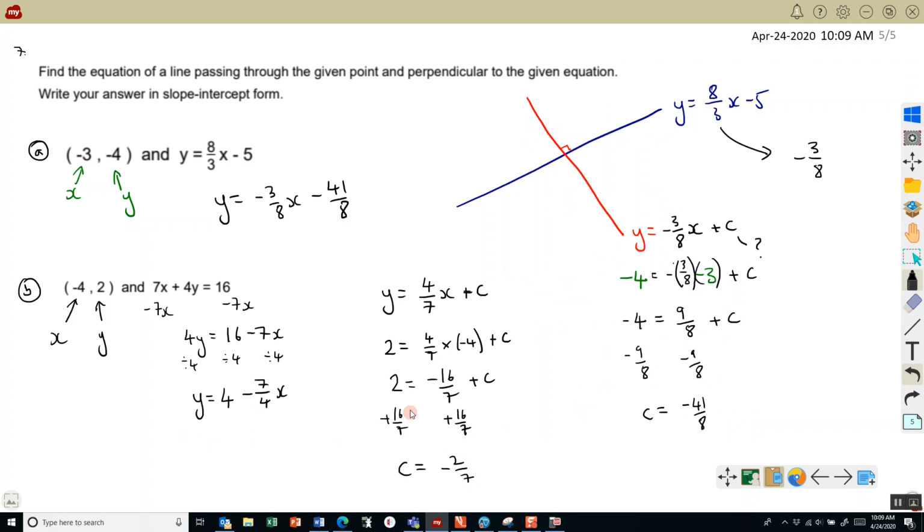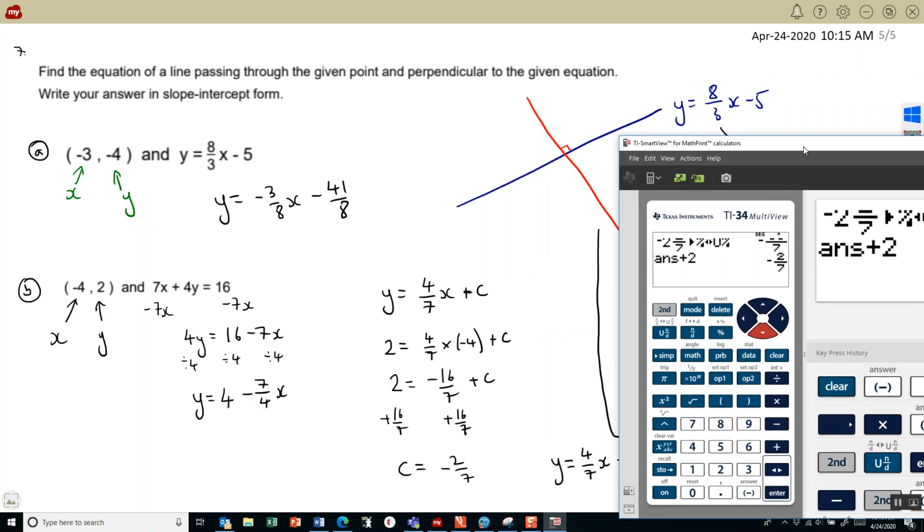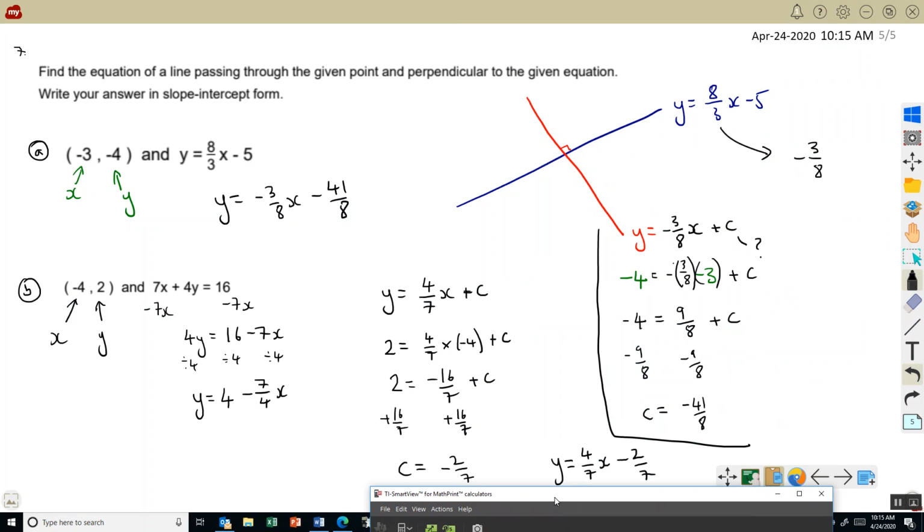And so my equation, let me just separate this up, is going to be y equals the gradient 4 over 7x, and it goes through the y-intercept at negative 2 over 7. Okay, so I'm just looking at this, and I think I might have made a small mistake in that last one, working out the value of c.